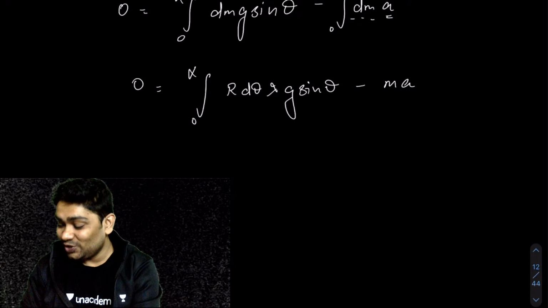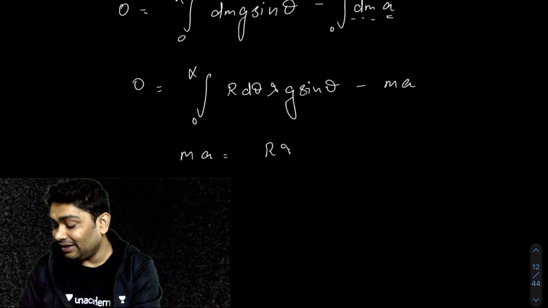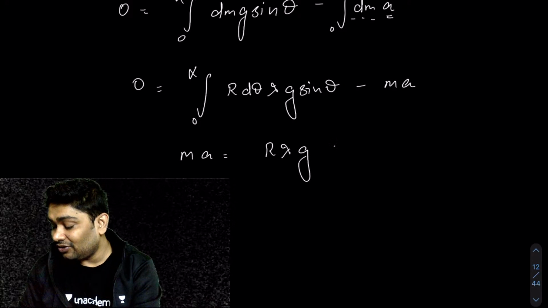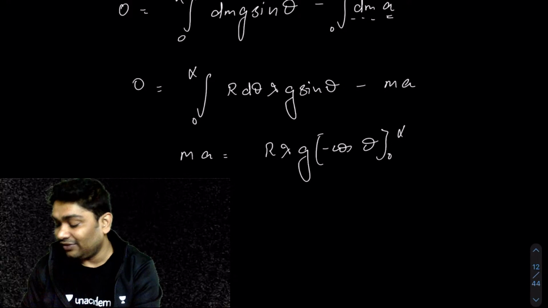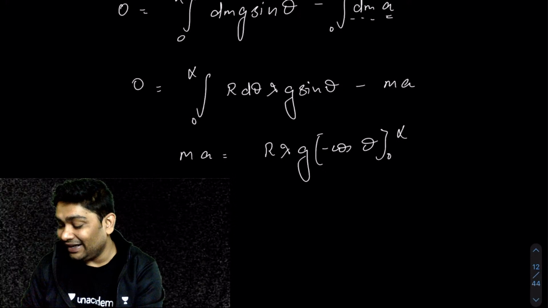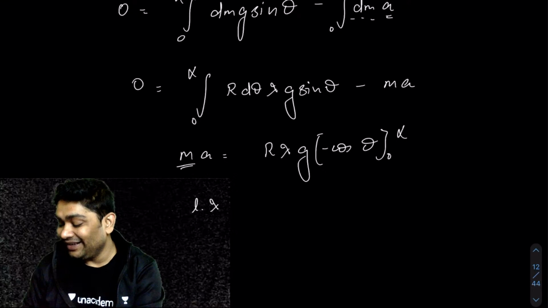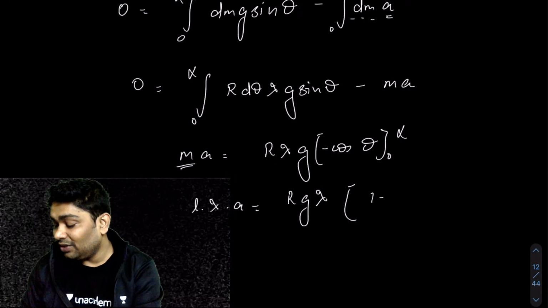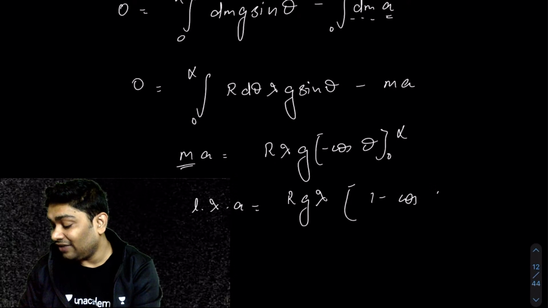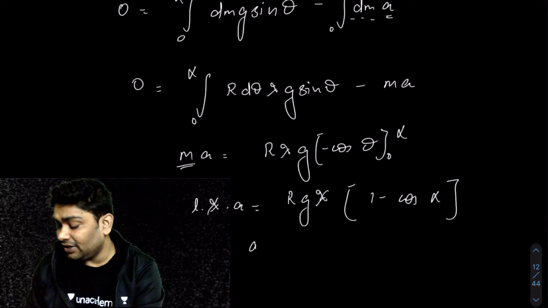So what you have is ma is equal to r lambda g cos theta with a minus sign, going from 0 to alpha. So here you have the same thing again, and m can be written as L times lambda. a becomes equal to r g lambda (1 minus cos alpha). You cancel this out, and again you're getting the same thing.